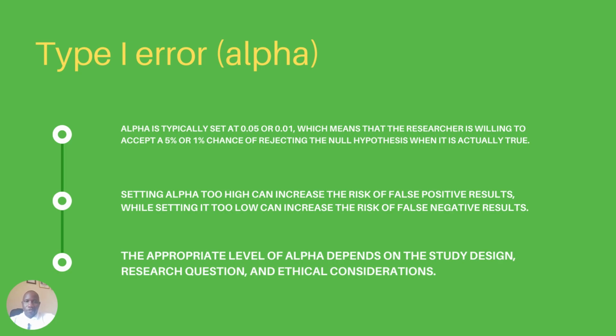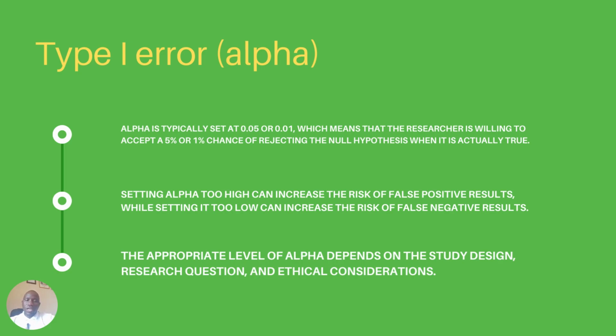That's what you call a false positive result. But when you select a low alpha value, you increase the risk of having false negative results. False negative results are those where you have the effect, but you're saying the effect is not there. That's a false negative result.